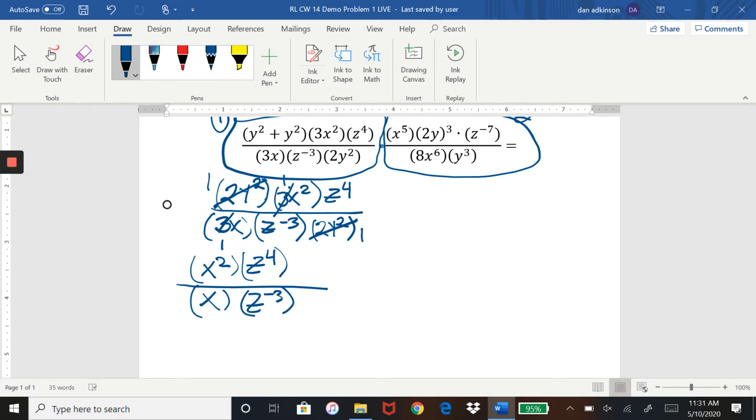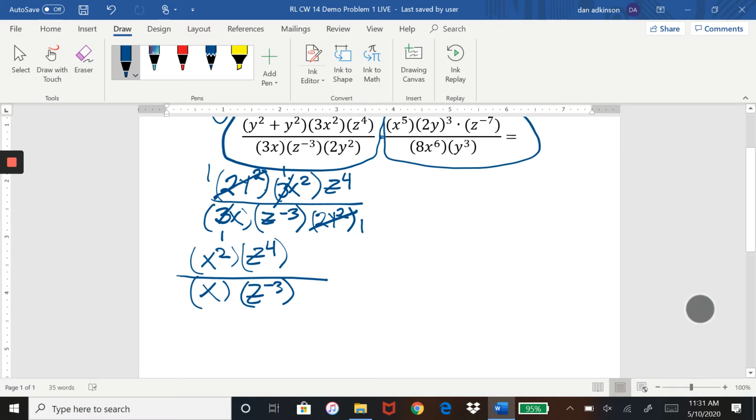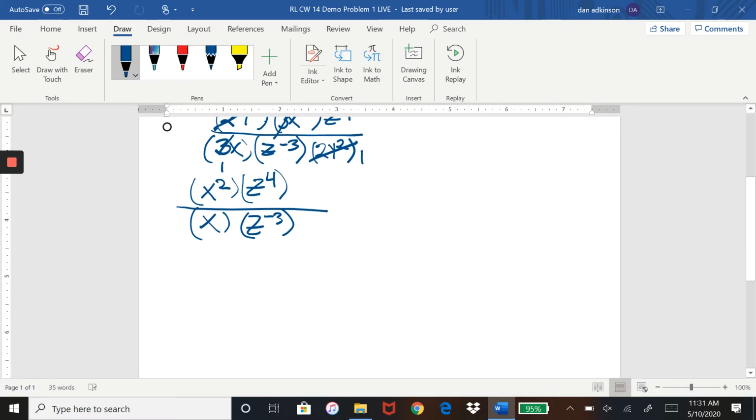Cool. So now I can use the quotient of powers rule. The quotient of powers rule tells me that it's just going to be x to the 2 minus 1 power, and this is going to be z to the 4 minus 3 power. Right? So that'll be easy. Oh, wait, I see some hands up. I think I did that wrong.